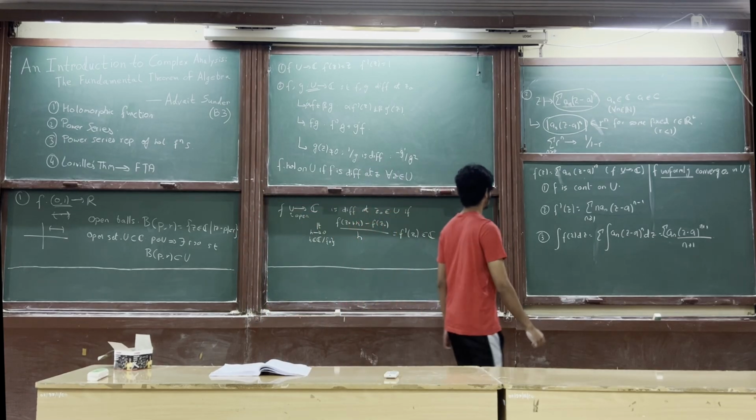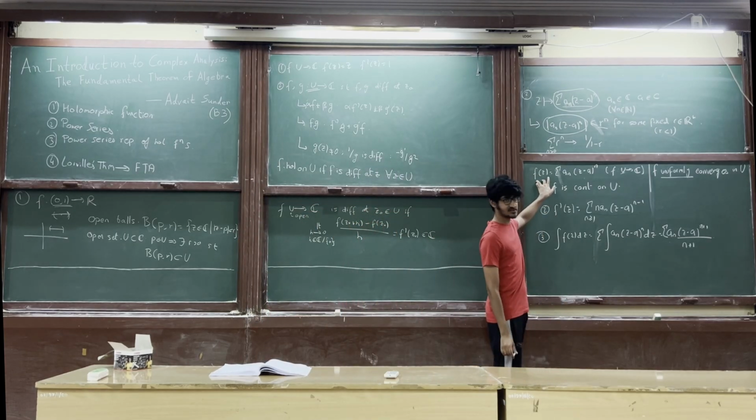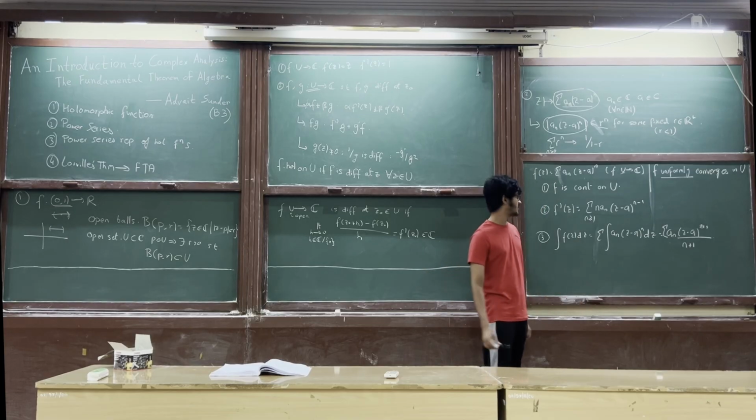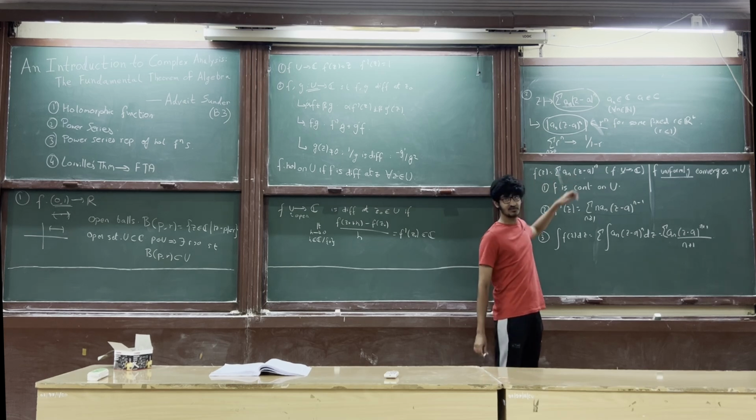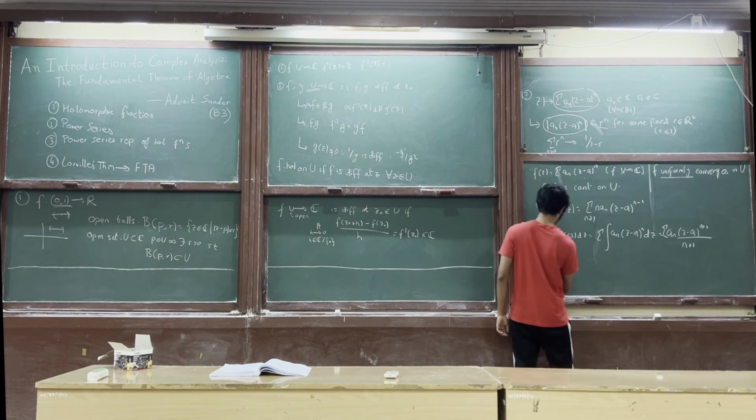One last bit. We know that f is differentiable, we know it's infinitely differentiable. In fact, we have a very good relation between the derivatives of f and these coefficients.